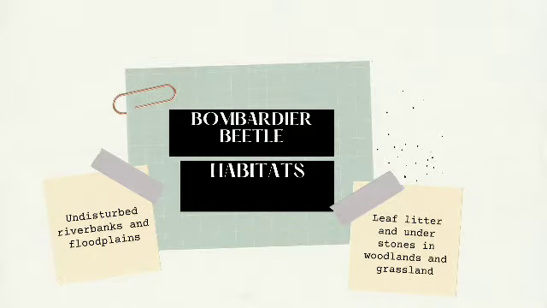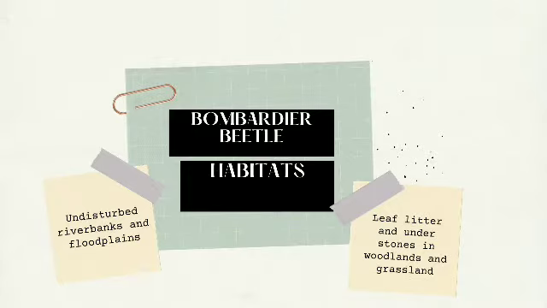Another part of nature where the Bombardier beetle can be found easily is leaf litter and under stones in woodlands and grasslands. Leaf litter is a layer on top of the soil which consists of leaves, dry leaves, and debris, which can normally be seen in woodlands.